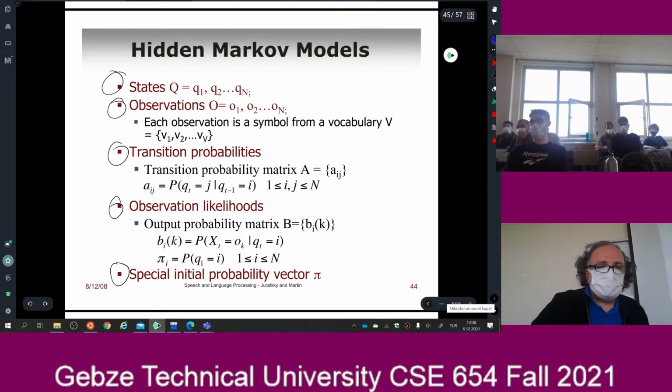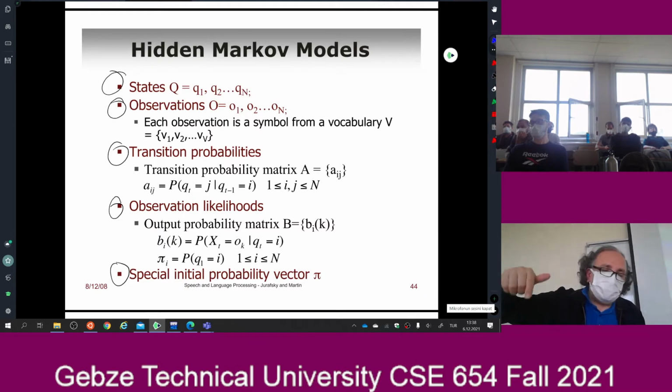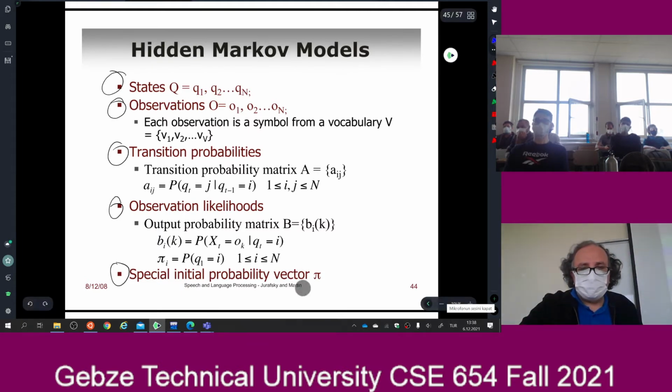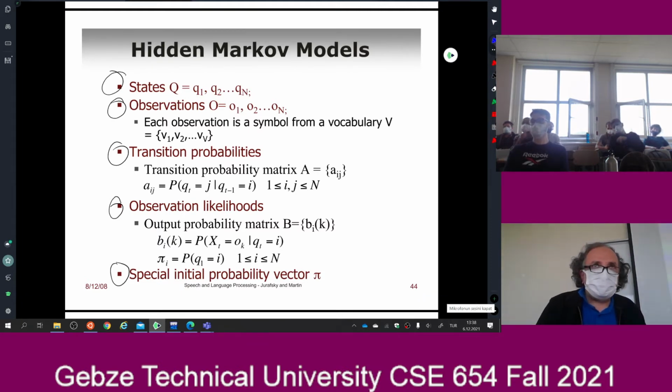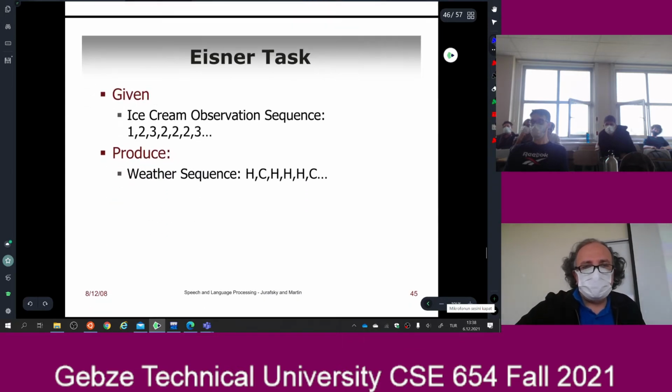These are the observation likelihoods. They say that if I am observing the word race, what is the probability that I am going to assign a verb to this word race, etc. And for the initial probabilities, from what state should I start? Those are the probabilities, because for the first element of the sentence we don't have a transition. So those 5 things will make a hidden Markov model.